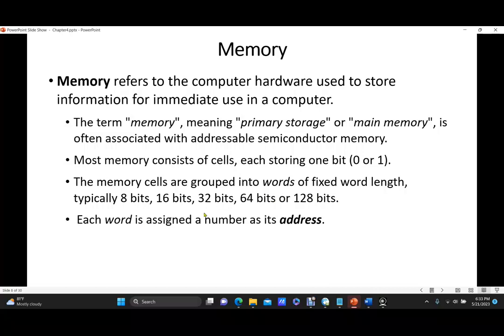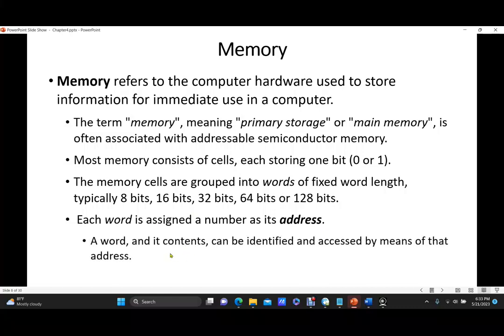Each word is assigned an address, a number. The word and its contents, the information it represents, can be identified and accessed using that number, that address.